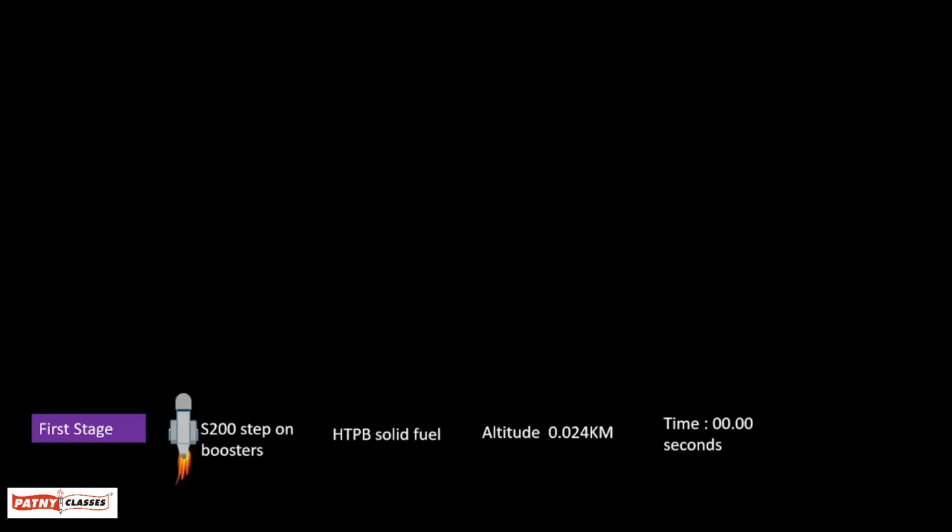Now, let us talk about the sequence of flight stages. The first stage, S-200 strap-on boosters, STPB solid fuel at an altitude of 0.024 km, and the journey starts here, therefore time equals 0 seconds.